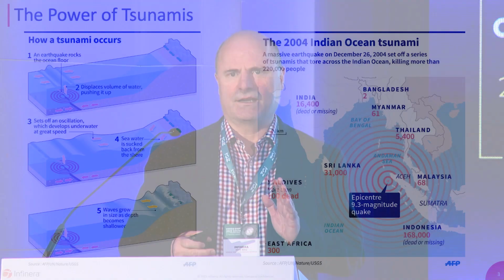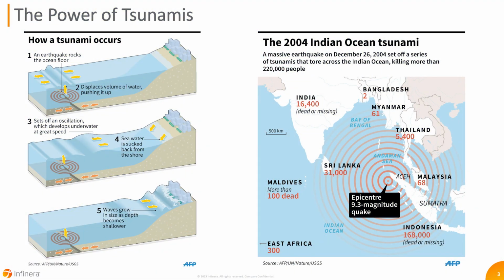A tsunami normally occurs when there's an earthquake or a major seismic event under the sea. Not necessarily all seismic events cause a tsunami. It does require a violent up and down movement, which will cause a water displacement.